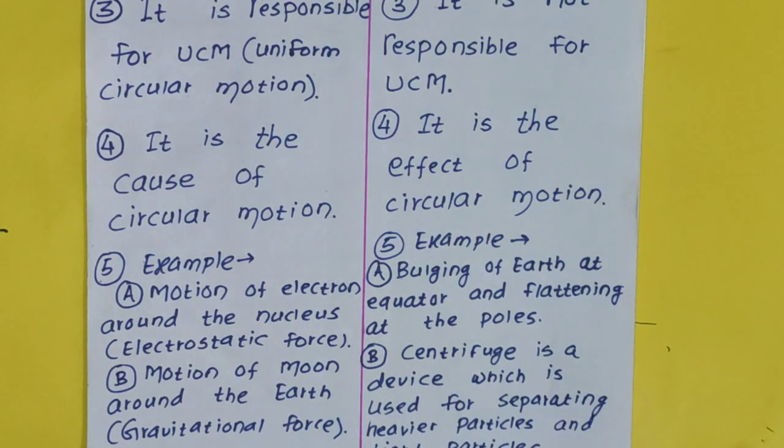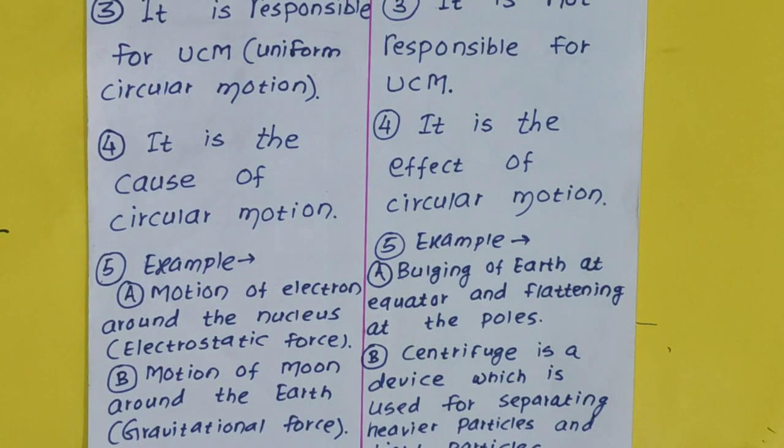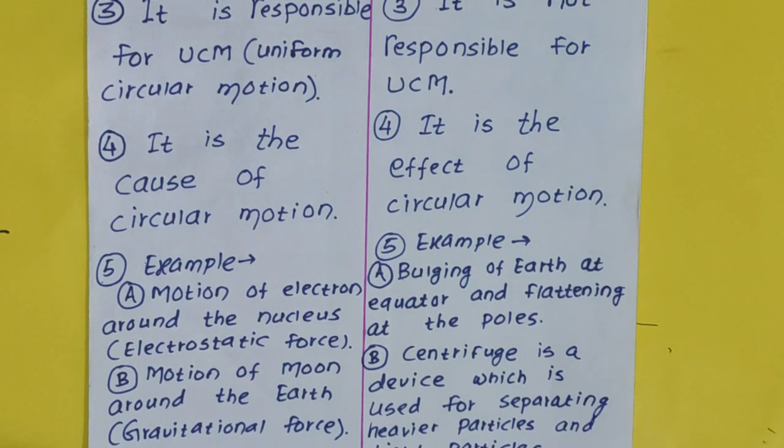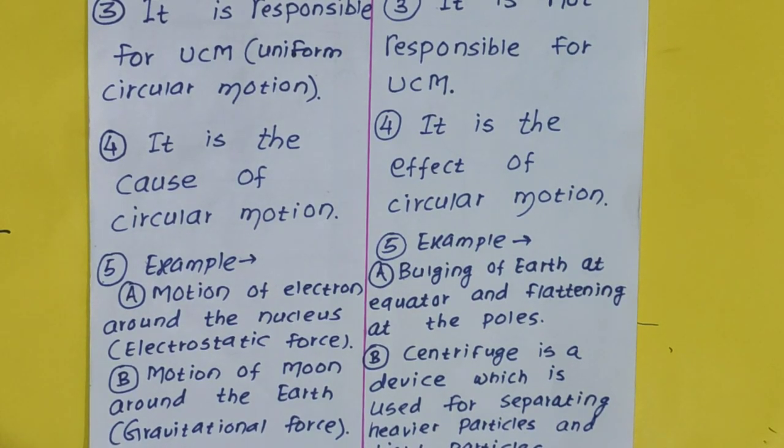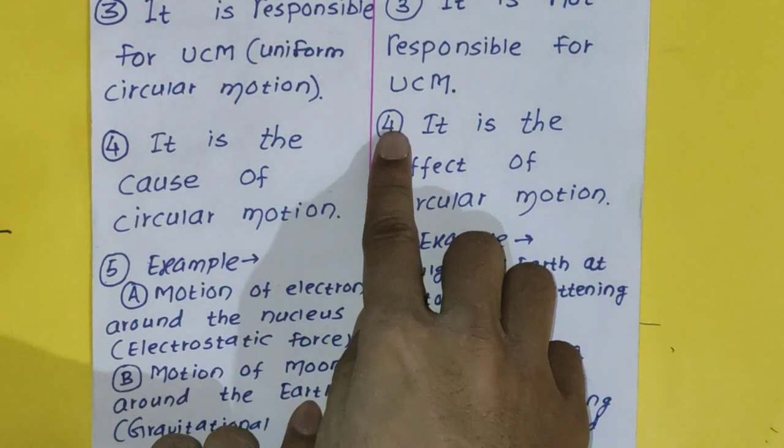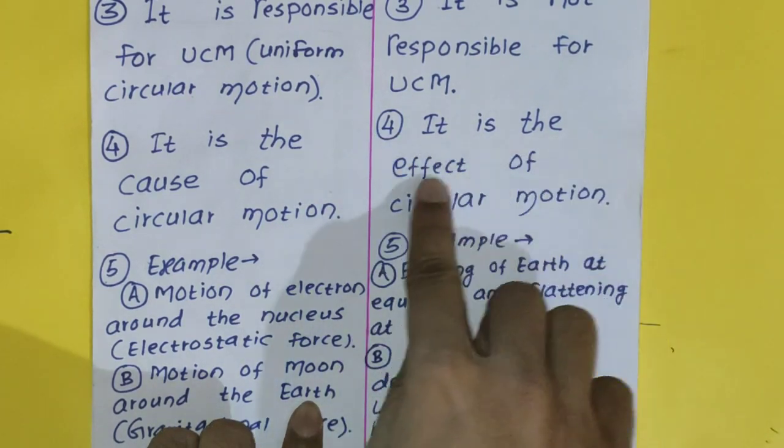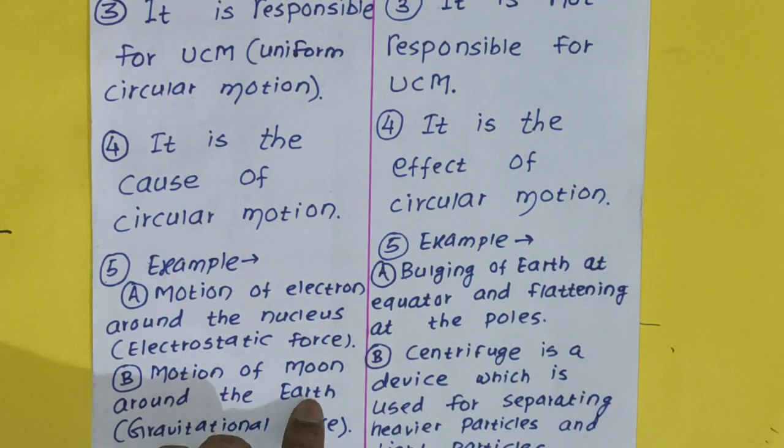Number 4th point, centripetal force is the cause of circular motion. If it is the cause of circular motion, then its effect will be centrifugal force. Therefore, in our 4th point, we have written that it is the effect of circular motion.